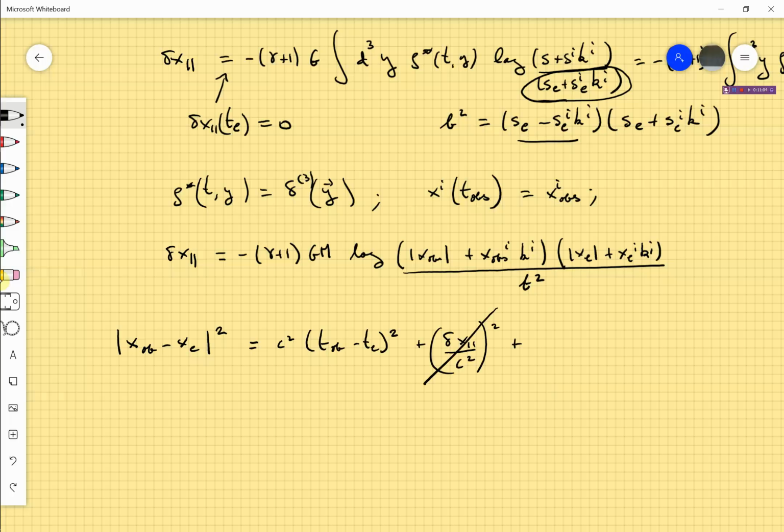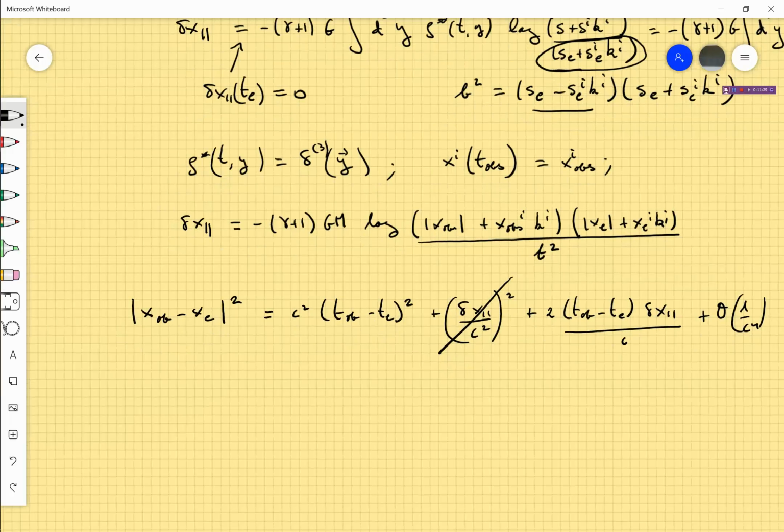Then there is the product of the time difference times c and the longitudinal displacement. This gives you t obs minus te times delta x parallel divided by c plus terms of higher order in 1 over c4. For instance, there is a term which could be delta x transverse divided by c squared squared. We're not interested in that.